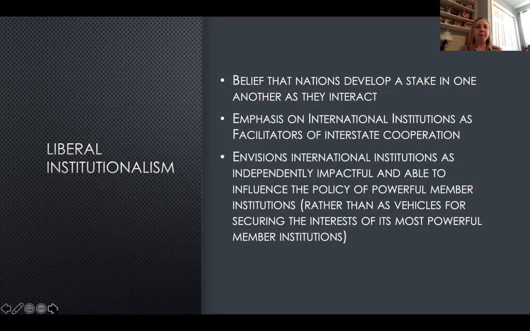People who believe in liberal institutionalism envision international institutions as able to influence the policy of powerful member nations, regardless of the power imbalance between the powerful nations and underdeveloped or developing nations.